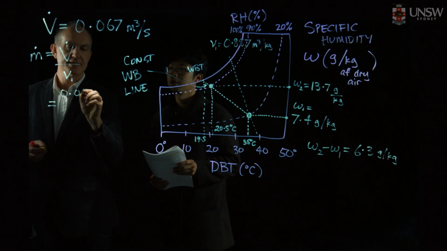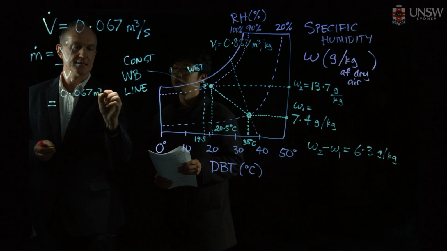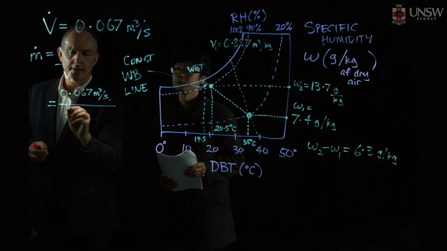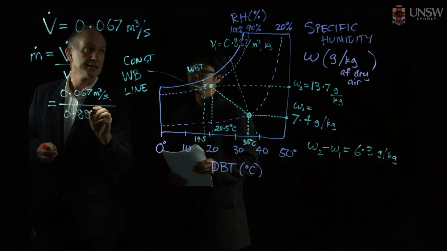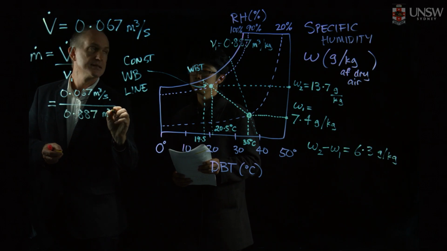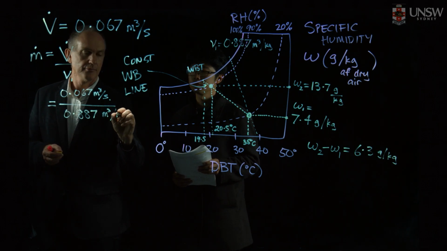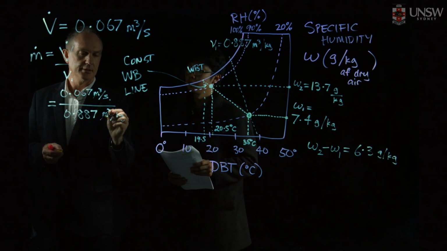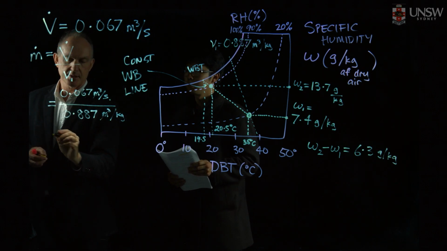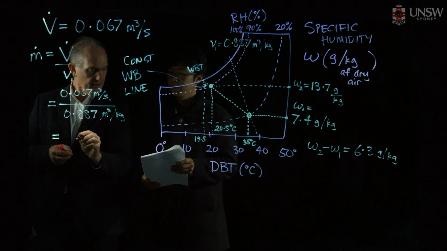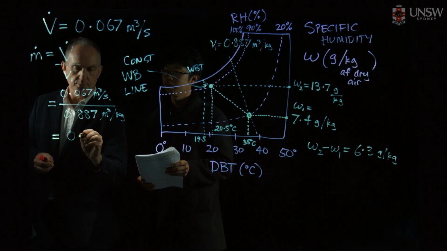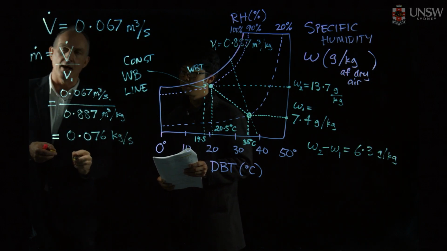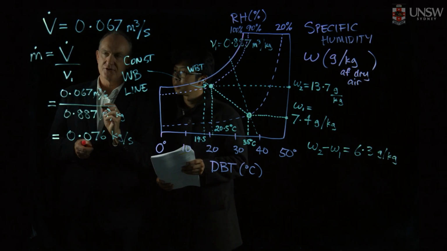So 0.067 cubic meters per second, we're going to divide by 0.887 cubic meters per kilogram. When we look at the units here, cubic meters will cancel out, kilograms will be flipped up, and that'll give us the number that we're after, which is 0.076 kilograms per second.